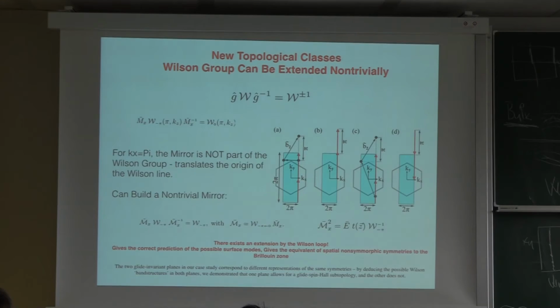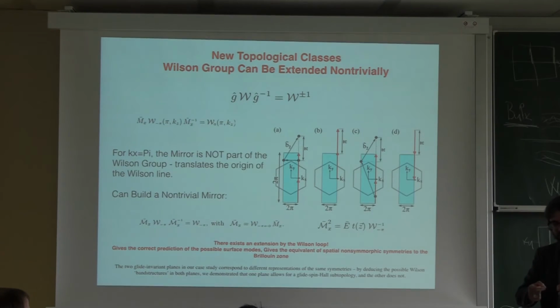Okay? So now, what I'm going to try to do is extend my symmetry by this new Wilson group. Now, notice that this is a momentum space, right? The Wilson loop is dependent on the momentum. So basically, in a more metaphorical sense, what we're trying to do here is implement nonsymmorphicity in momentum space.